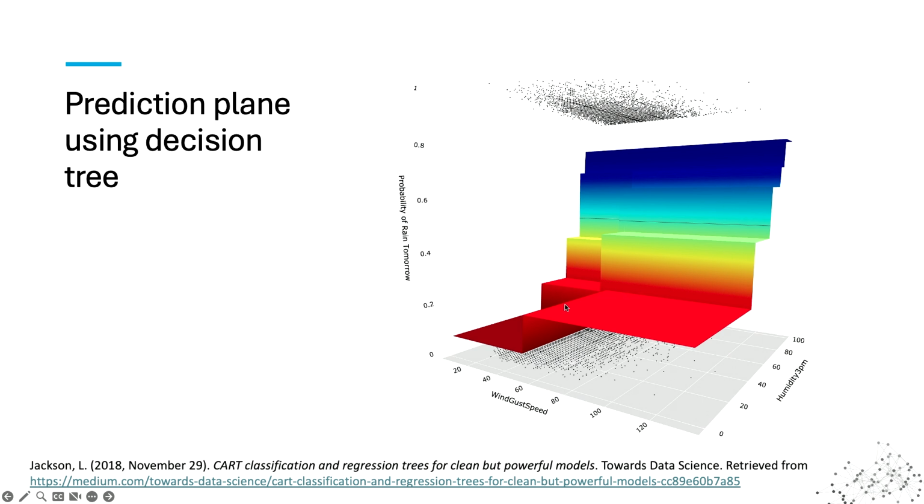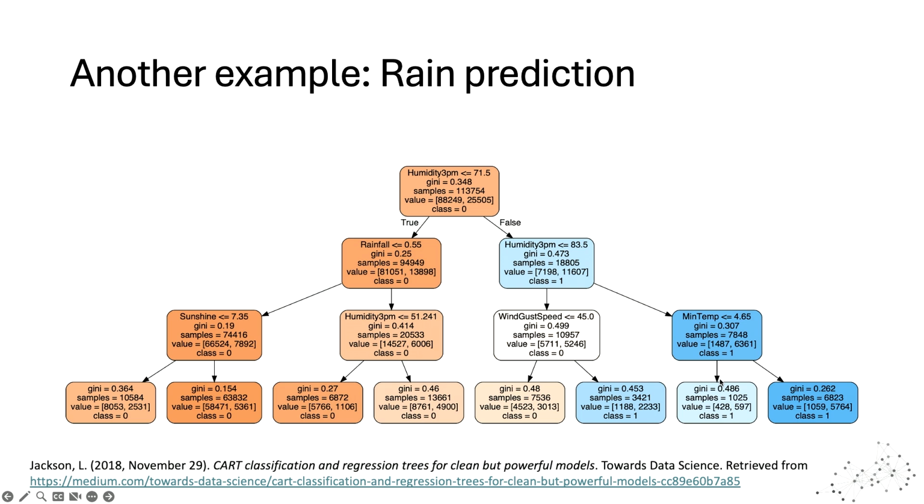This kind of prediction plane is built, and based on that, given new data, it can predict whether tomorrow will rain or not. To build this prediction plane, the decision tree algorithm is used.